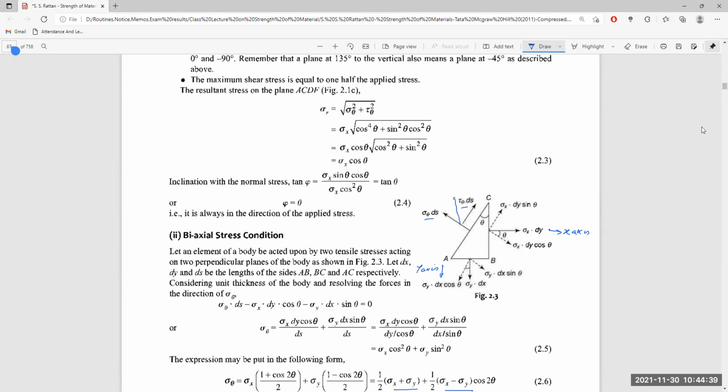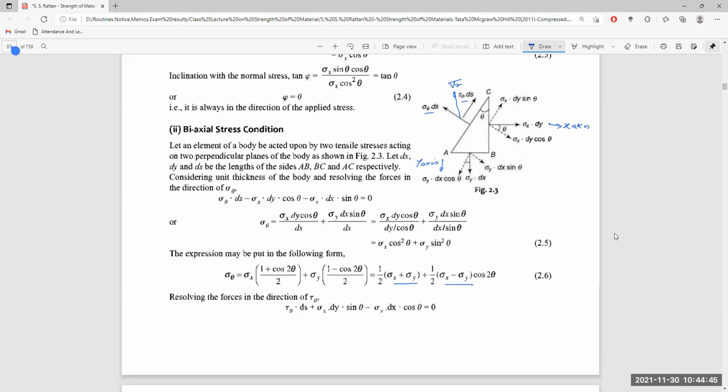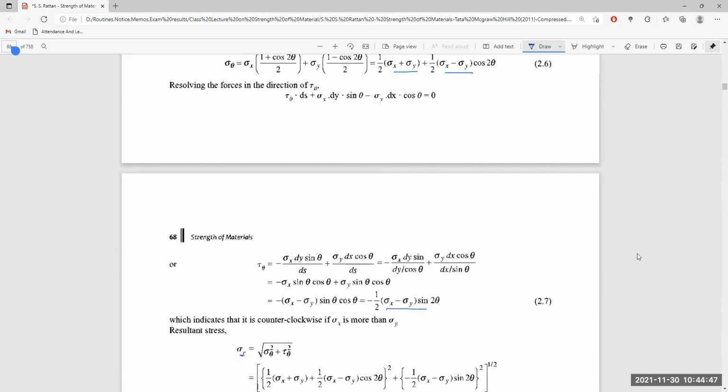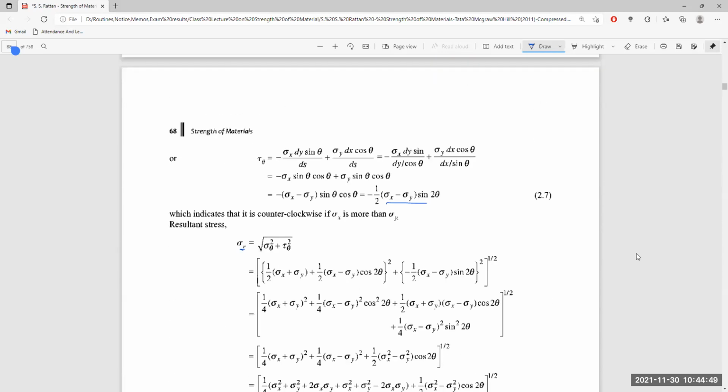And what is its orientation? So we are supposed to calculate all this. We know the resultant stress is equal to the square root of sigma theta square plus tau theta square.